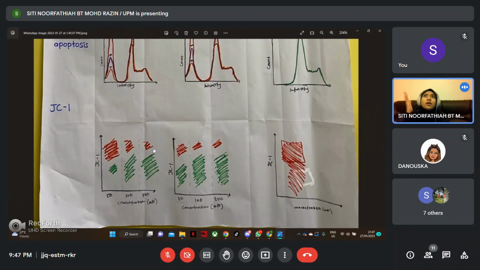It shows that the nanoparticle itself is toxic. However, at the 50 concentration, it's too low for the nanoparticle to take effect, and 500 is too high for the nanoparticles to even affect other cells as well. And 100 is like a medium effect, I don't know.